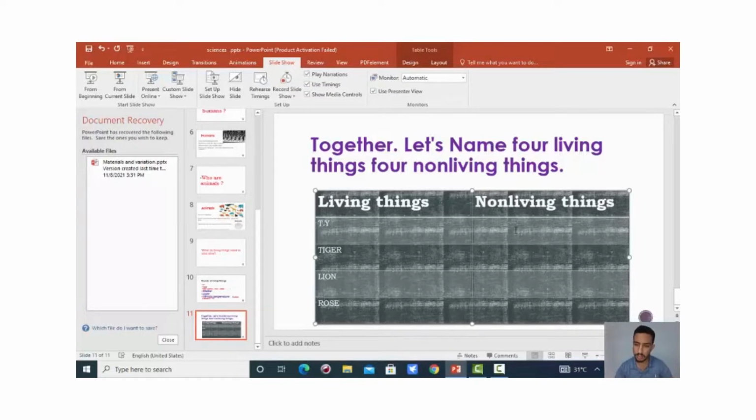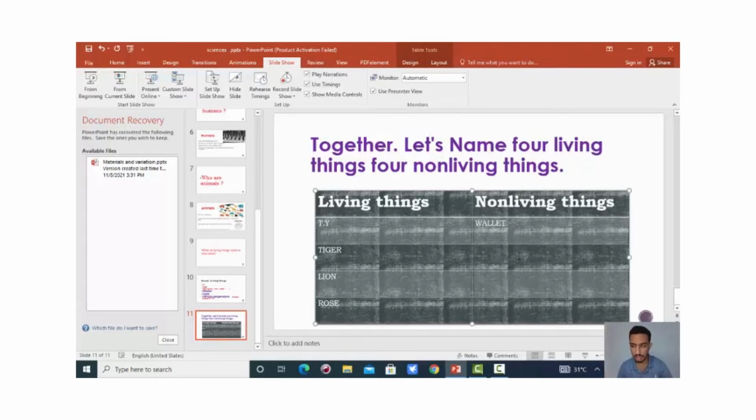So guys, what do you think are non-living things? We'll try to find anything that can't move, anything that can't breathe. That's a non-living thing. So, the AC remote control, maybe the computer, maybe the chair, maybe the phone. Let's write some examples. Let's start with the first one: maybe a wallet.